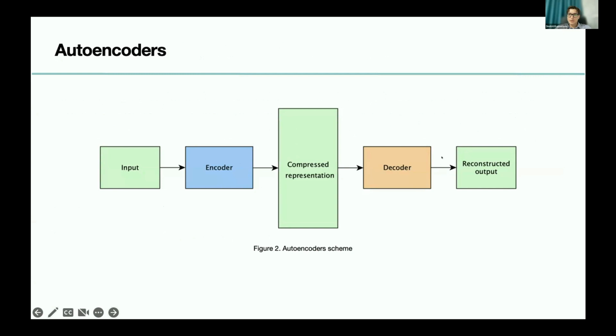The task of the decoder is to reconstruct the full image from the compressed representation and get the same image as we had in the beginning. So this is the basic structure of autoencoders. Absolutely the same technique we use when we feed text into the autoencoder model.